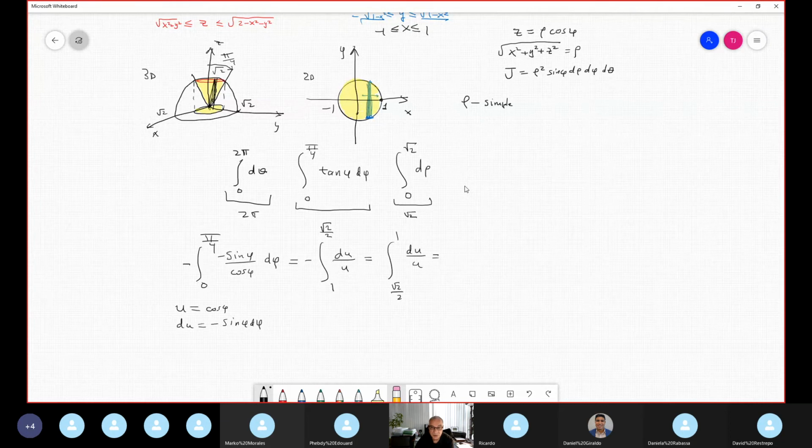And this is the antiderivative, the natural logarithm, absolute value, evaluated between radical 2 over 2 and 1. So logarithm of 1, which by the way is 0, minus the logarithm of radical 2 over 2. Okay, this is 0.